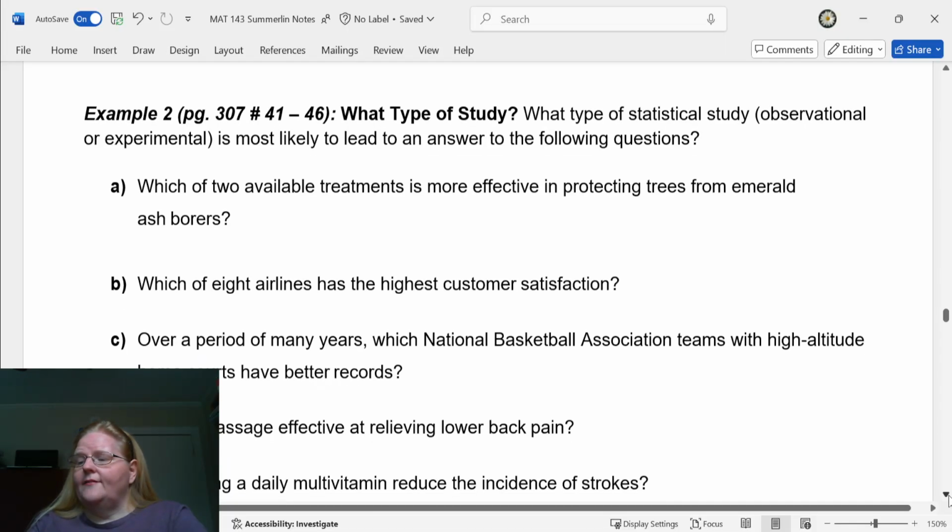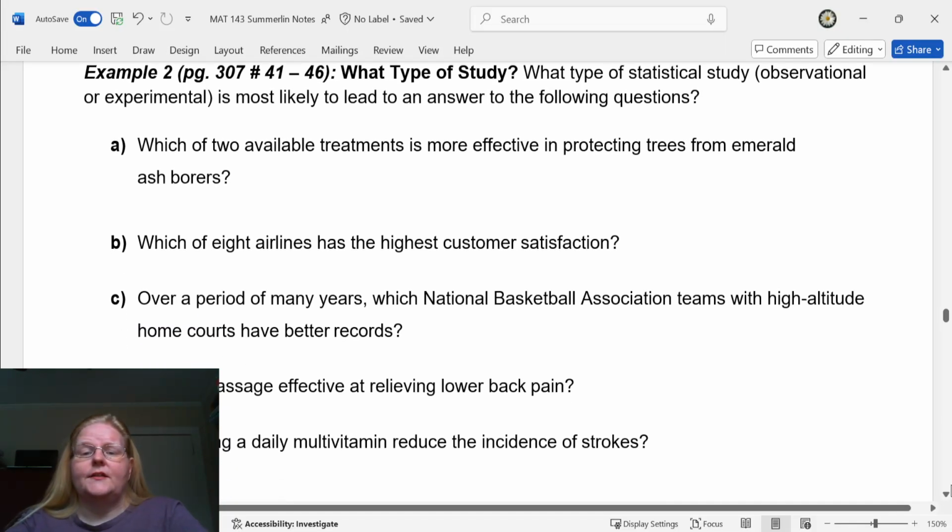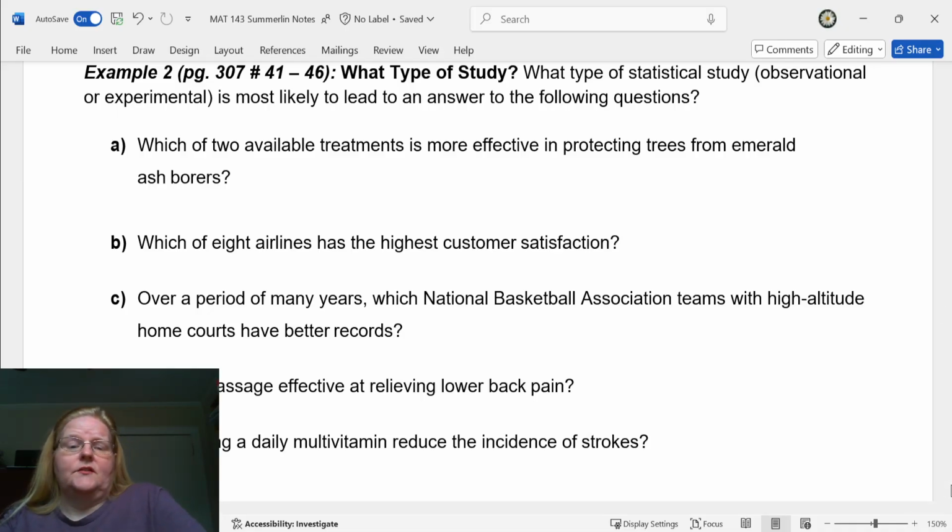So, we have a section down here where you get to look at it and see if you can tell which type of study it's going to be. I'm going to ask you to pause the video and go ahead and fill out these and see if you can tell which ones are going to be which, whether it's going to be observational or experimental. Remember, if it's experimental, you should be able to tell me what the treatment is that they're using.